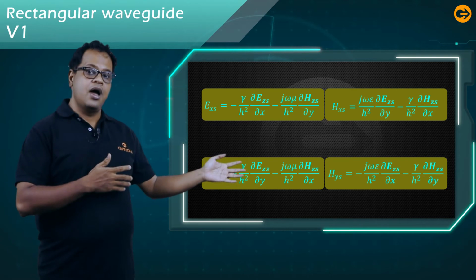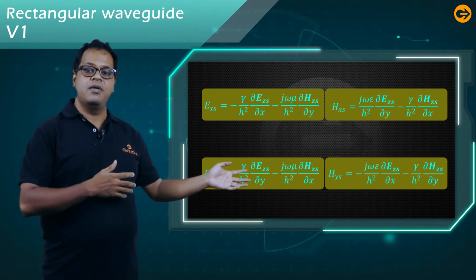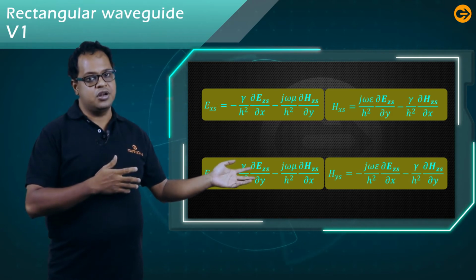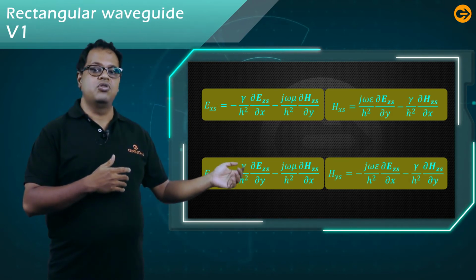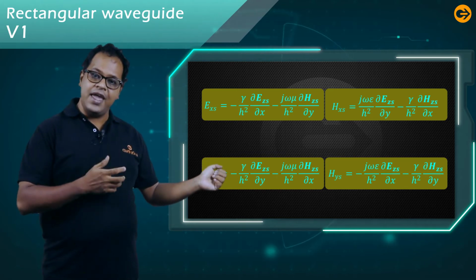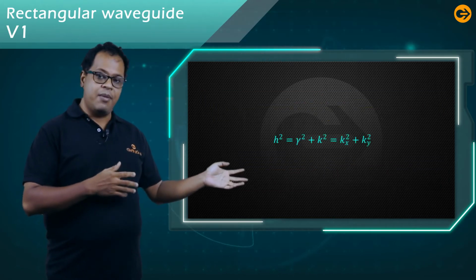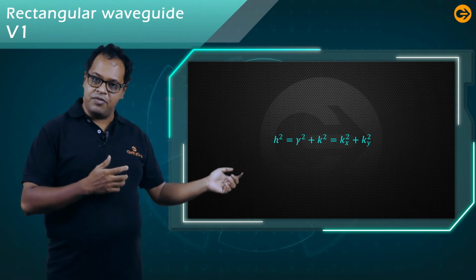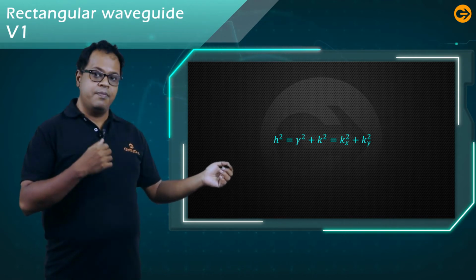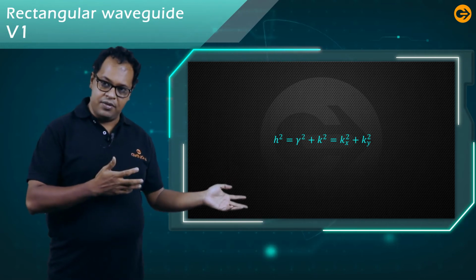Gamma is equal to alpha plus j beta. This alpha is attenuation and beta is your propagation constant. Now, what is h? h square is gamma square plus k square, which is equal to kx square plus ky square.